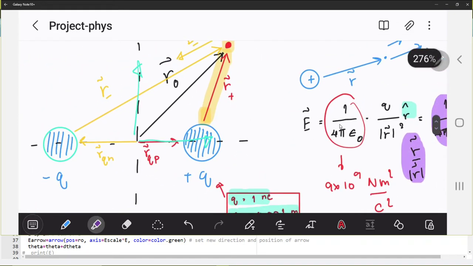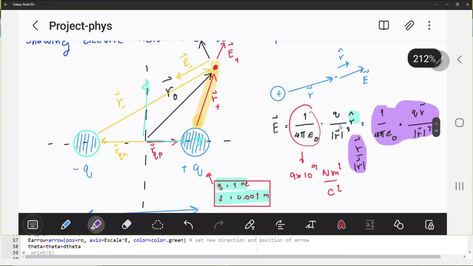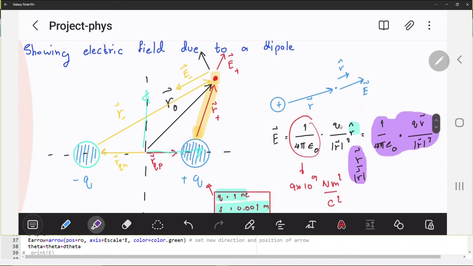Okay, before we go to the visualization, let's talk about this picture first. Like I already told you, in one object you have two charges, right? Positive and negative. And I will set one point where the electric field goes along the red line and the yellow line. So you will get the direction of positive and the direction of negative.